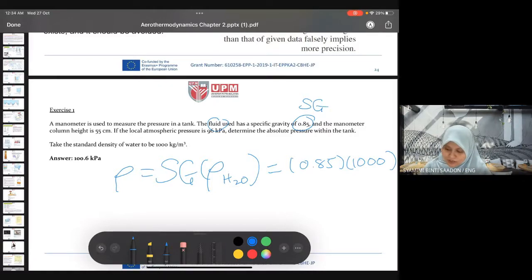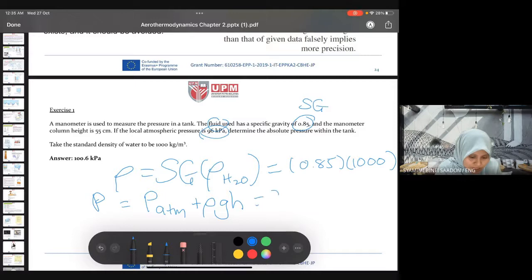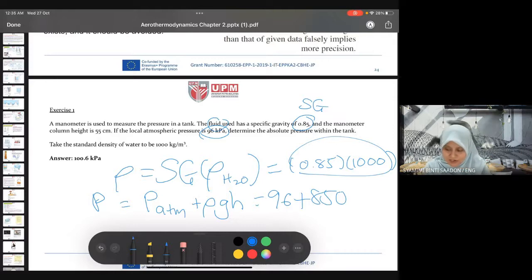And then, from the figure of the manometer just now, we know that the formula is P equals P atmosphere plus rho g h. The atmospheric pressure is given here, 96 kilopascal. So 96 plus rho g h. Rho is the one that we calculated here, which is 850. g, the acceleration, we took 9.81, and multiply with h, the height.